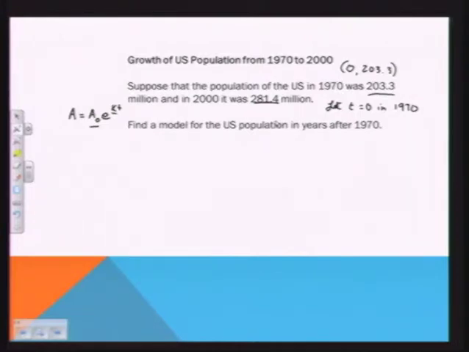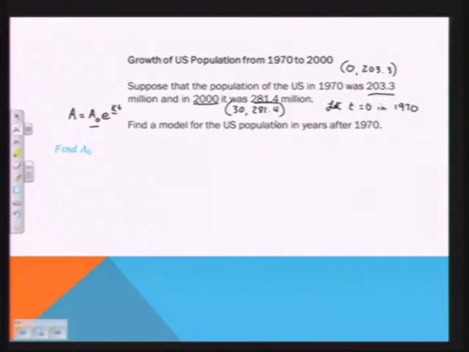The other is in 2000, t is going to be 30 and the population was 281.4 million people. Now let's see how we use all of these facts and put them together to come up with our model.